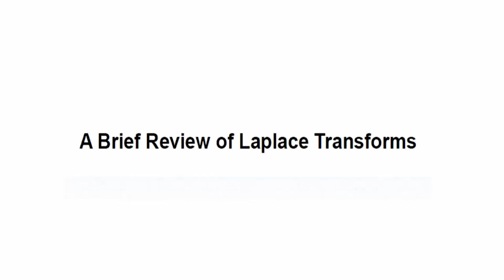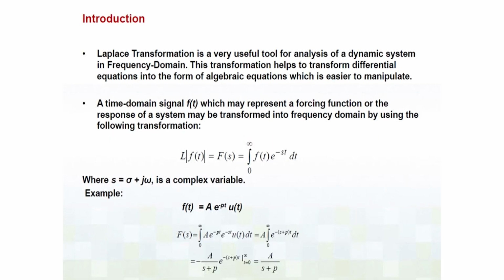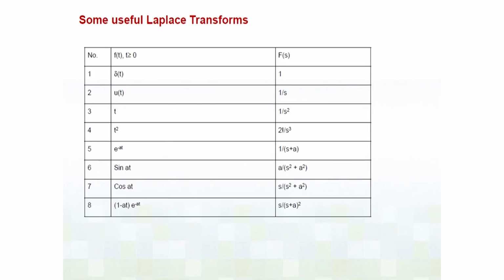Now, in order to review all these things, you need a little bit of knowledge of Laplace transformation. The first one, of course, I told already the definition of it, and then corresponding to different inputs, there is a table that we have to keep in our mind. This is impulse. The impulse Laplace transformation is unity.